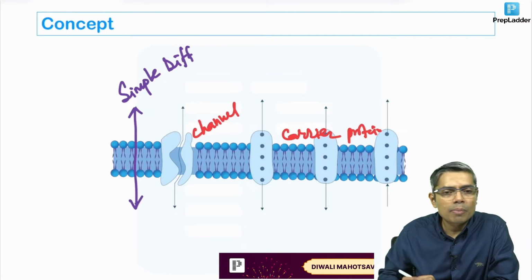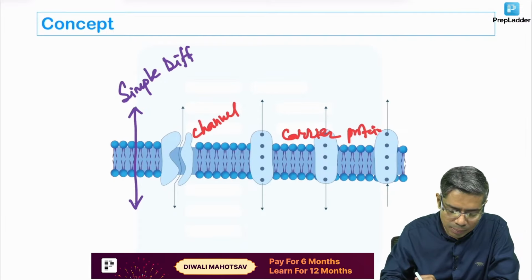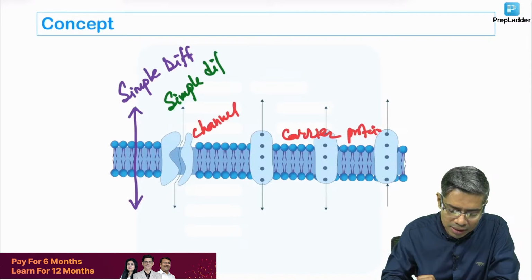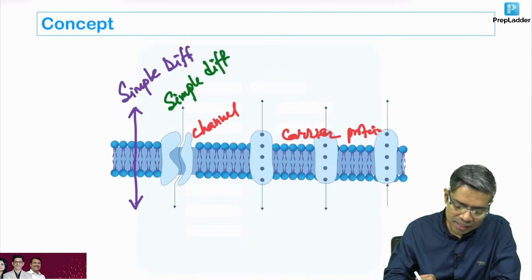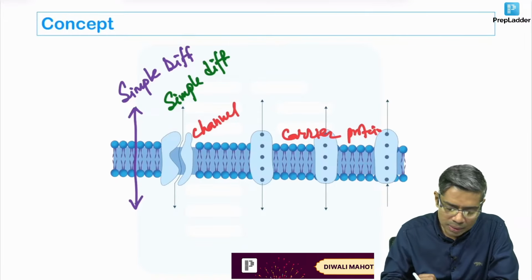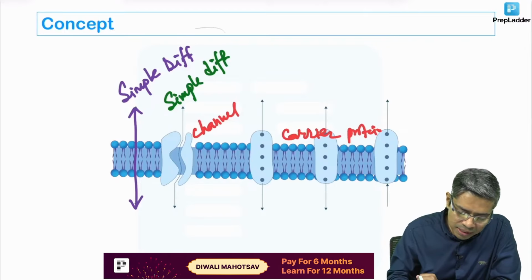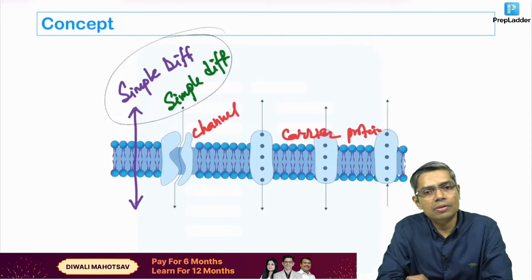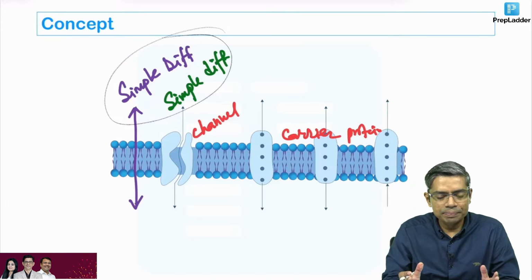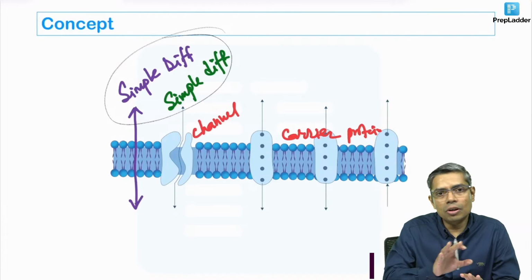But even if the molecule is passing through with the help of a channel protein, that is also simple diffusion. Don't think that that is facilitated diffusion. Facilitated diffusion requires a carrier protein, not the channel protein. So if a molecule is passing through a channel protein, then that is also simple diffusion. Getting my point? Because with a channel the substance is not going to bind.